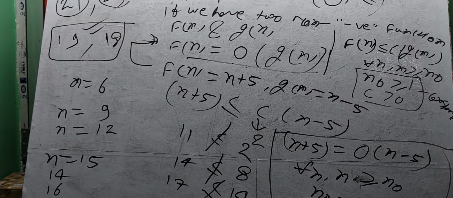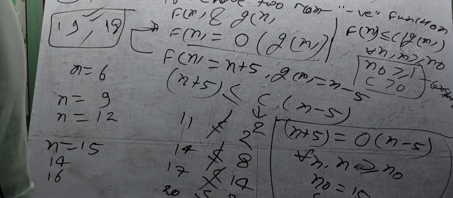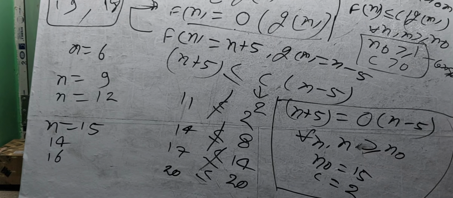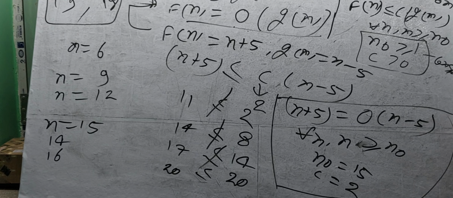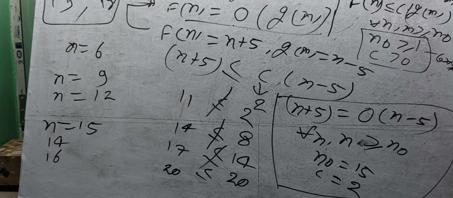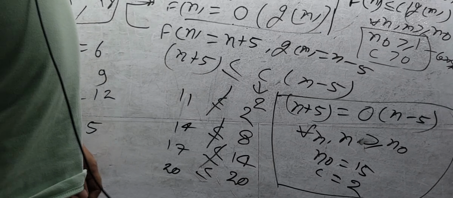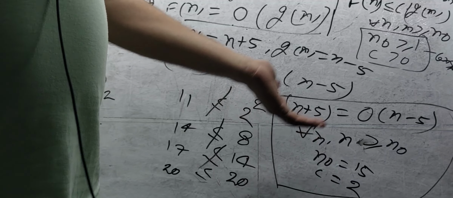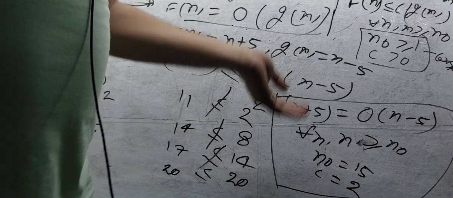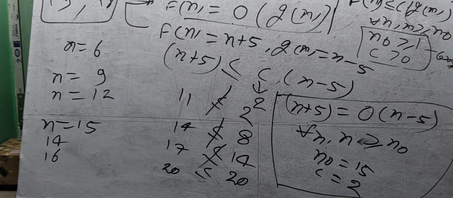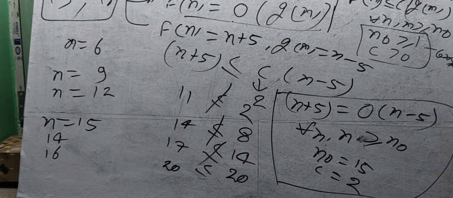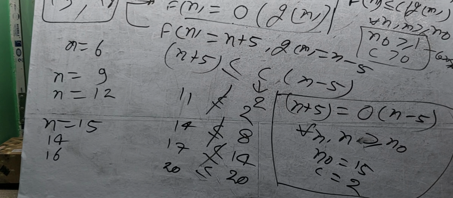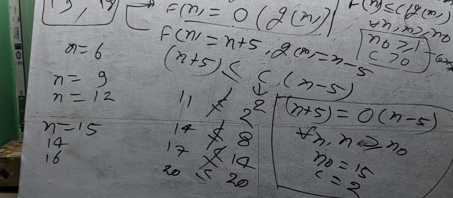So here n naught is the lower limit. From that point the value of g of n is greater than or equal to f of n. So in this way we can prove that n plus 5 is big O of n minus 5 when n naught is equal to 15 and c equal to 2.